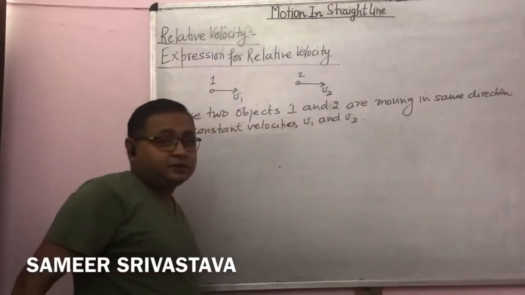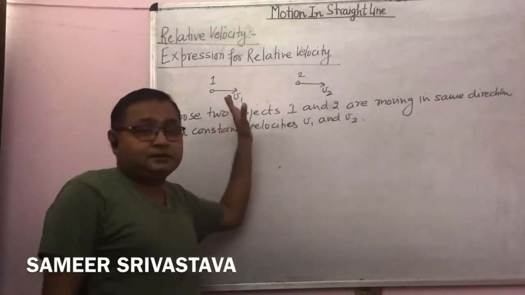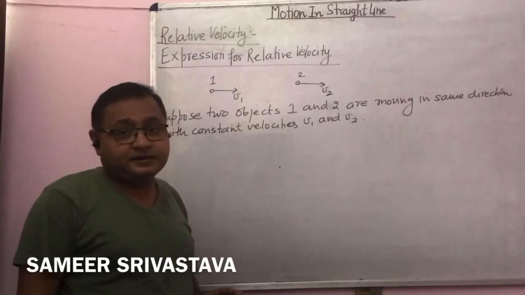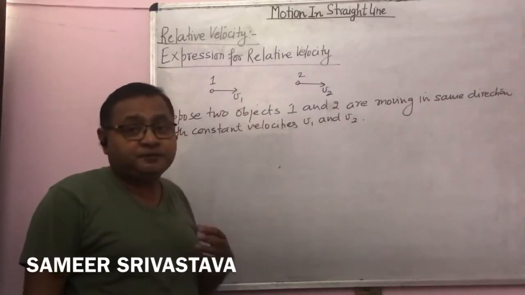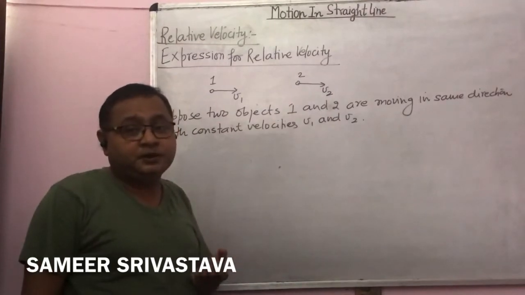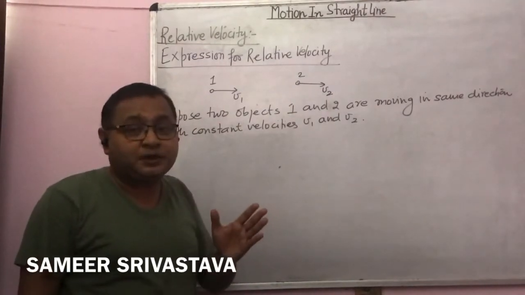Now the position coordinates of these two objects at time t0 we suppose as x10 and x20, with reference to the earth.